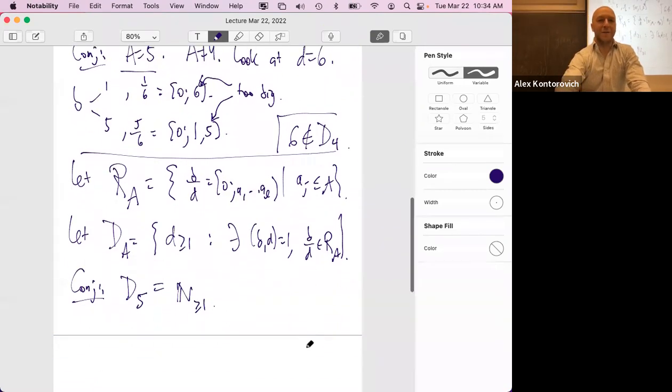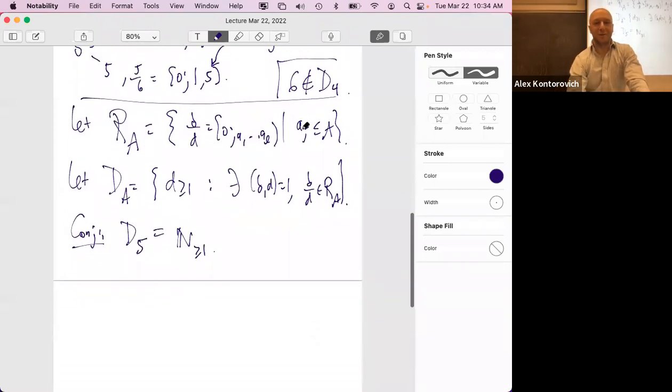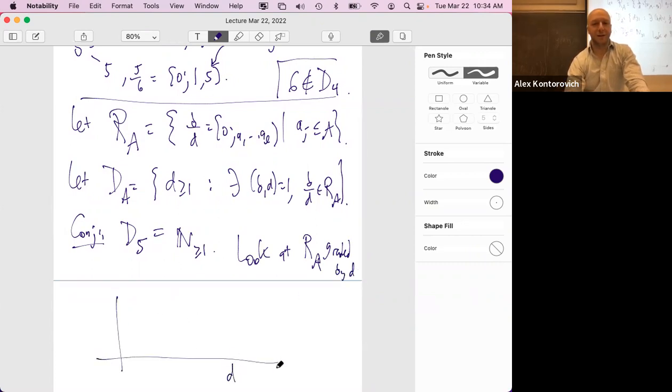Now, it'll take me a little too long to code this up, but I'll point you to a paper where I have pictures of this. A good thing to do is to look at R sub A graded by D. In other words, a plot with D in this direction, going out to some capital N, and the values between 0 and 1 in the other.